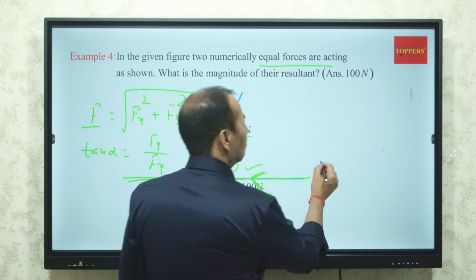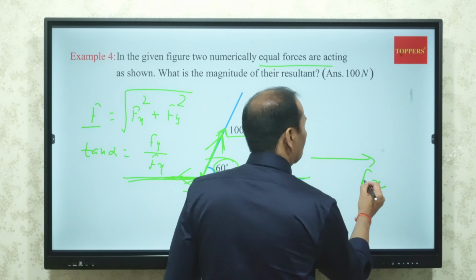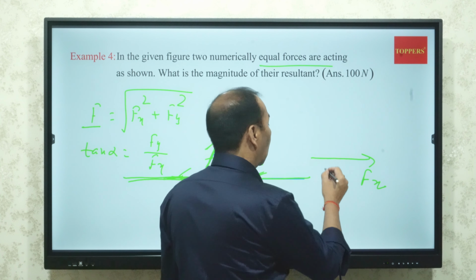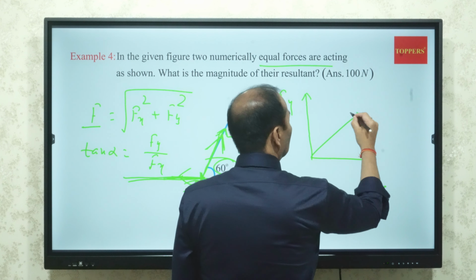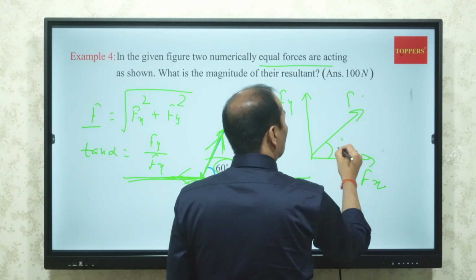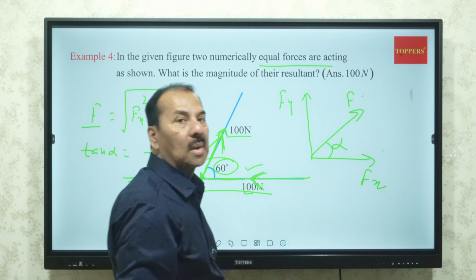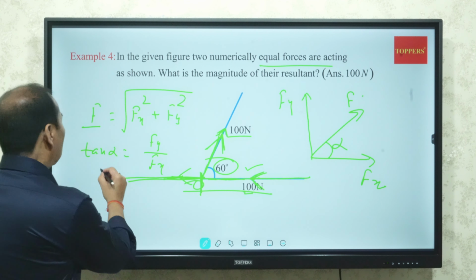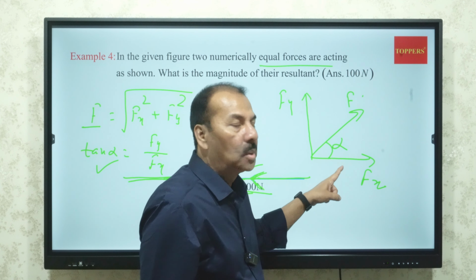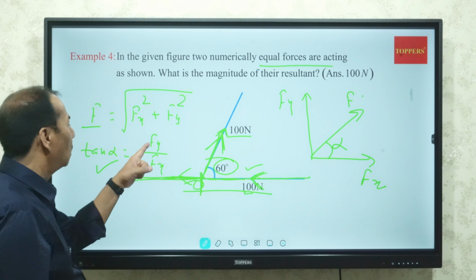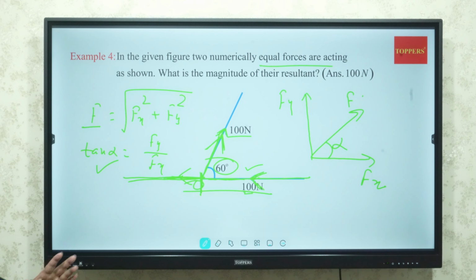So let us say this is your Fx, the sum of all forces along the x-axis, and this is your Fy. This is the resultant F, which makes an angle alpha with the x-axis.